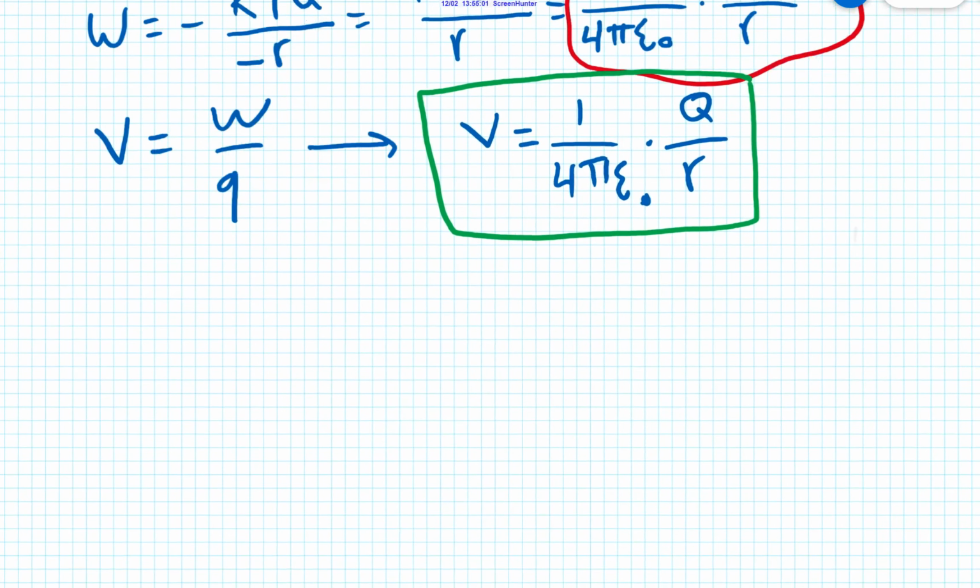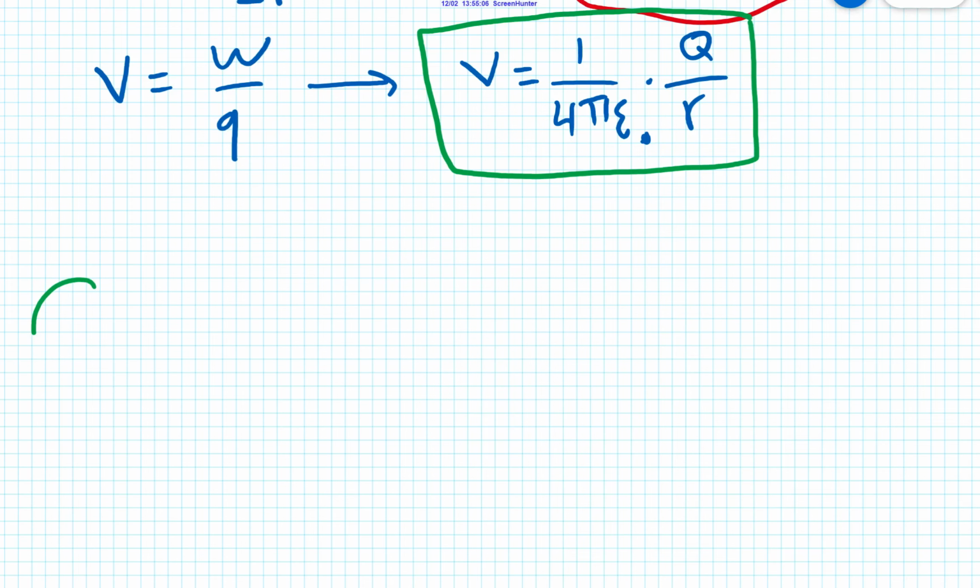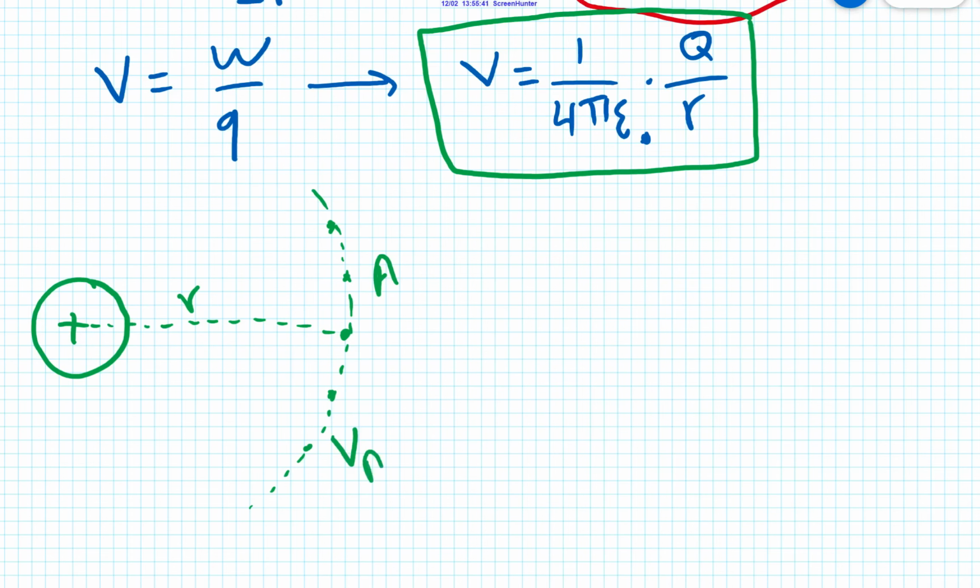So if A is at a distance R from the center of the major charge, the potential of A is that of a spherical surface around the major charge at a radius R. At any point on this spherical surface, the potential is going to be VA, which according to what we got here is equal to Q over 4 pi epsilon naught RA.